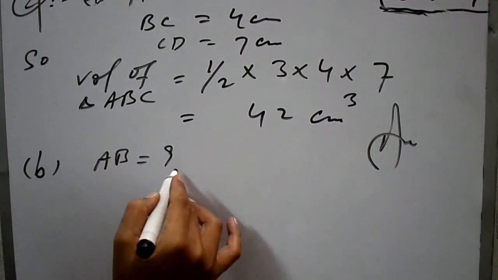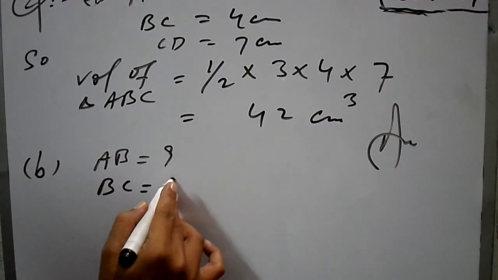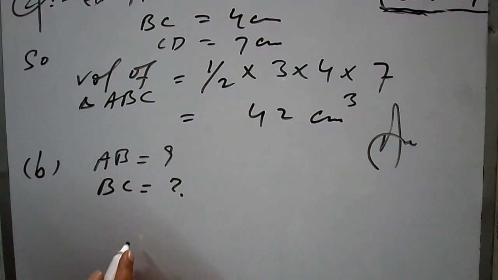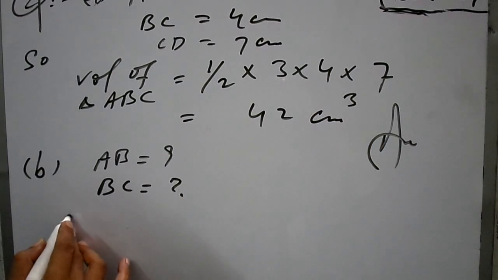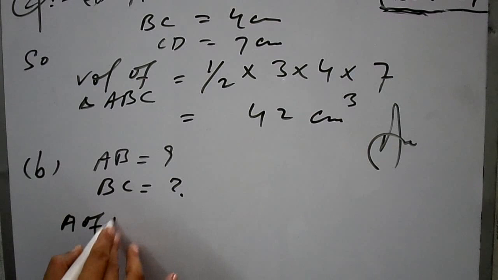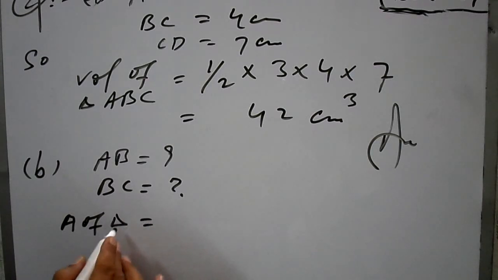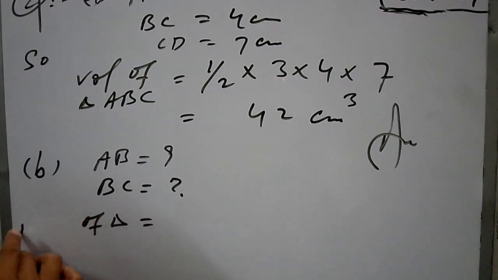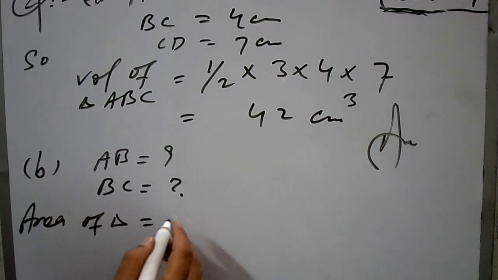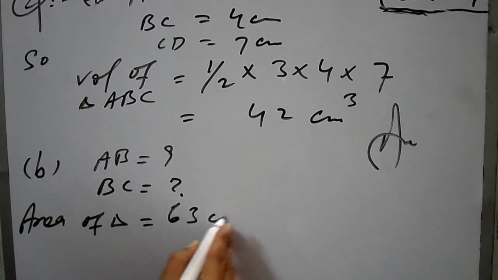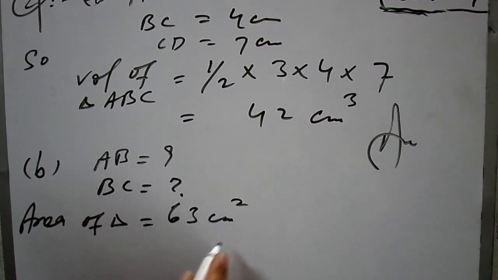Similarly, in part B you have to find, AB is given to you, that is 9, BC we have to find, and area of triangle is given to you, that is equal to 63 centimeter square.